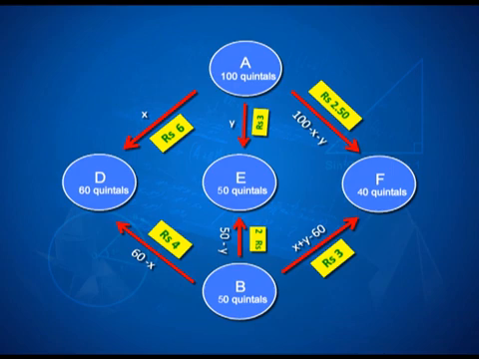It has already got 100 minus X minus Y quintals. So, you may say 40 minus (100 minus X minus Y) amounts to the same as X plus Y minus 60. And of course, this quantity should be the same as what is left with B.